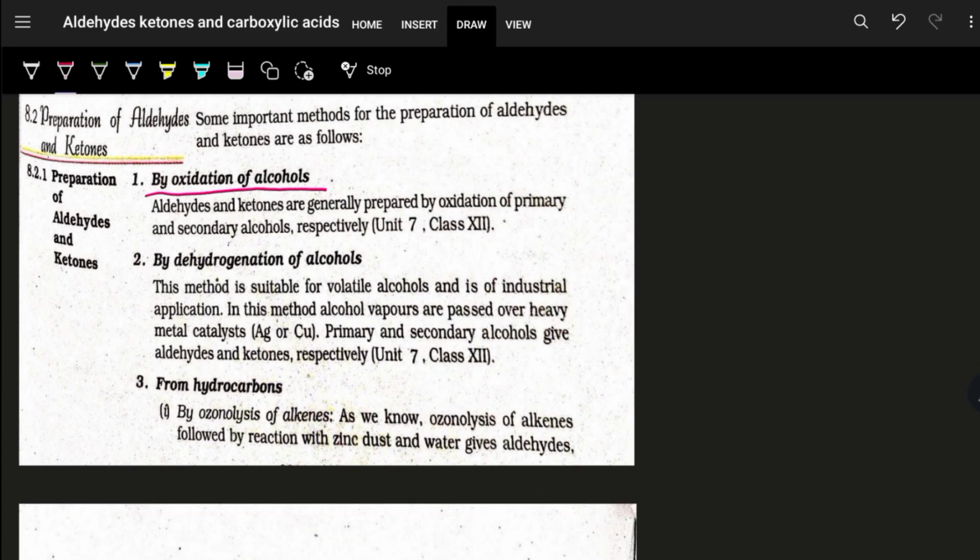Oxidation of alcohols means 1 degree alcohol undergoes mild oxidation to aldehyde, which can again undergo oxidation to form carboxylic acid. People at times ask why I'm writing the nascent oxygen.